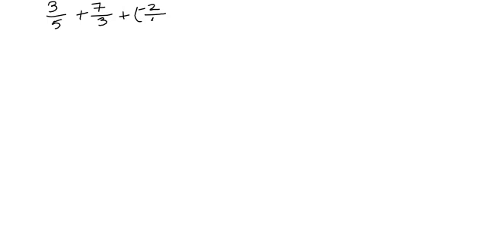Is it right? So we arrange the by 5s on one side and the by 3s on one side. Now 3 minus 2 is 1, so 1 by 5 plus 7 minus 2 is 5, 5 by 3.